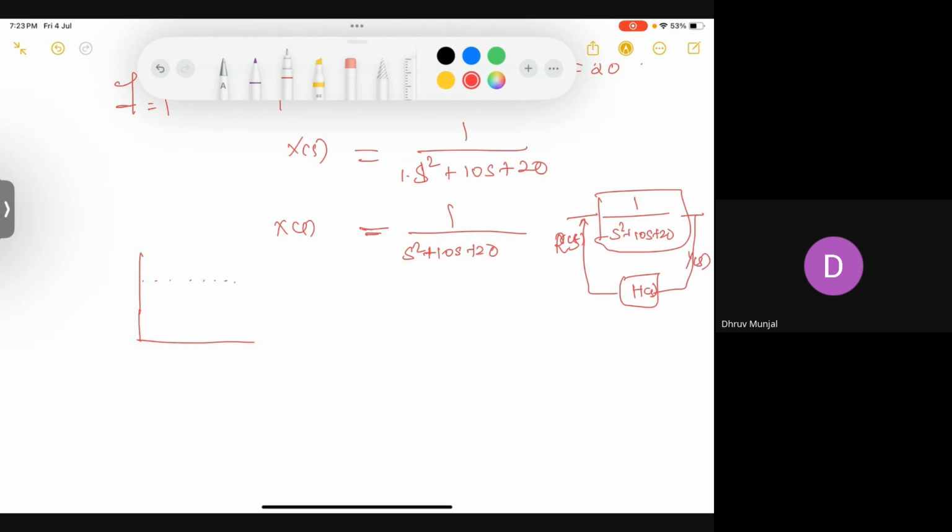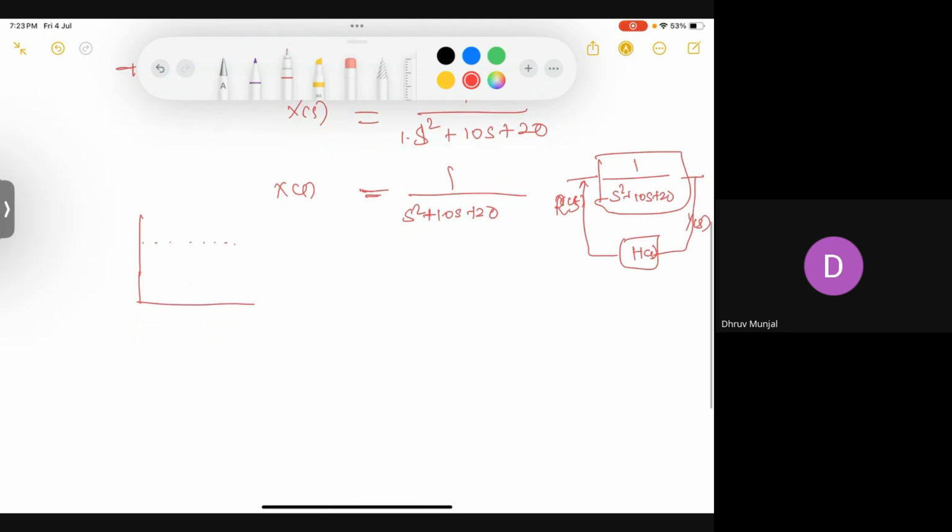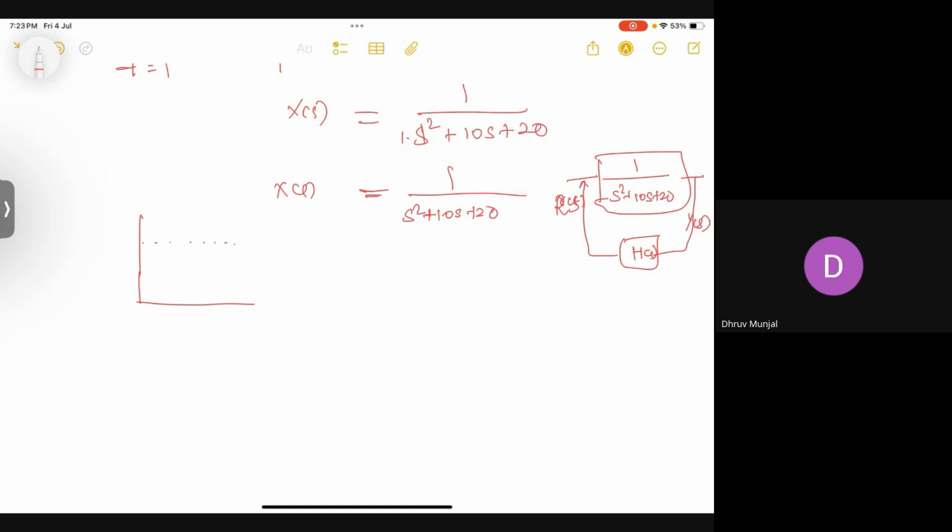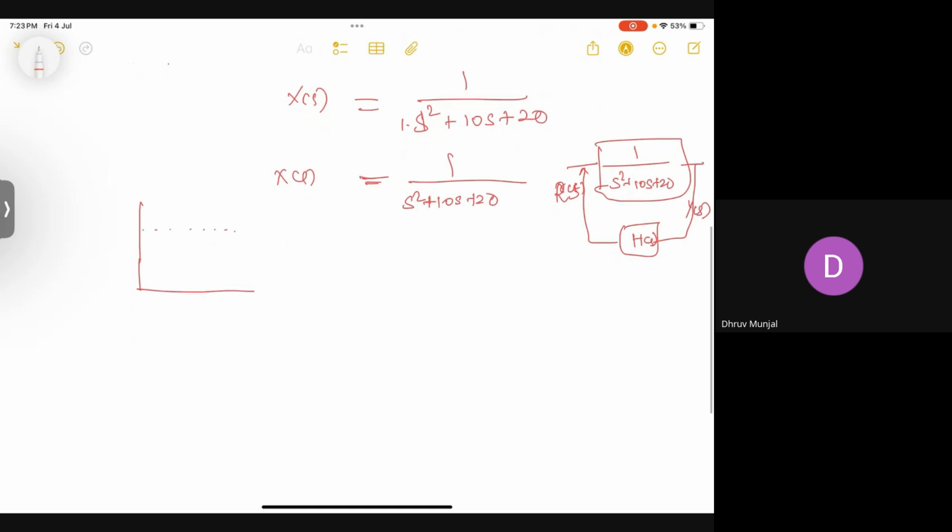So for that, we need to study the time response analysis of this. I'm just going to use all the concepts we have studied so far in this problem so that we can revisit them also. So this is in terms of a standard system, s squared plus 2 zeta omega n s plus omega n squared. So omega n squared will be equal to 20, omega n will be root 20, which is 2 root 5, right?